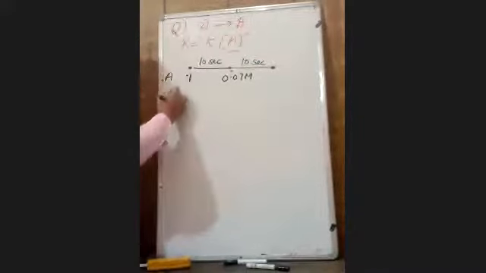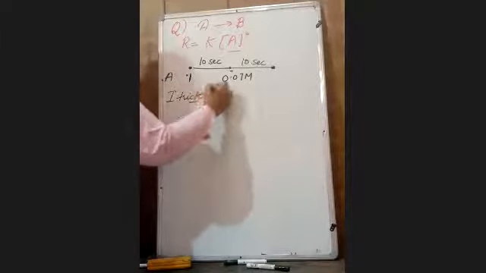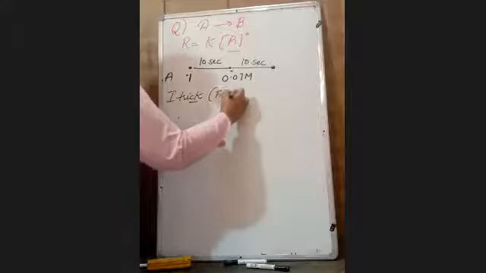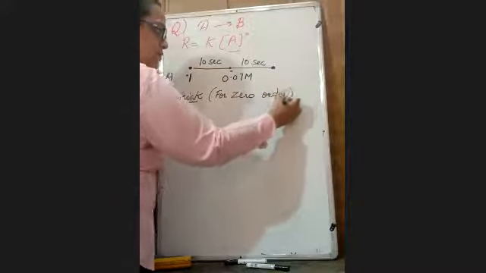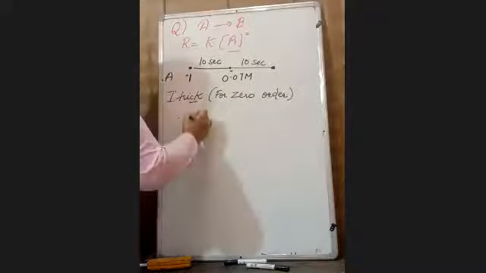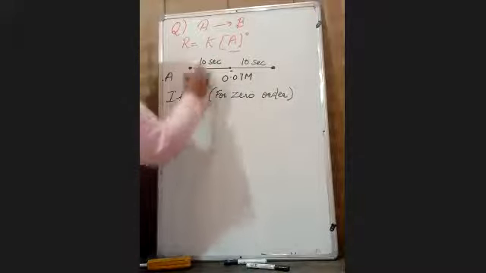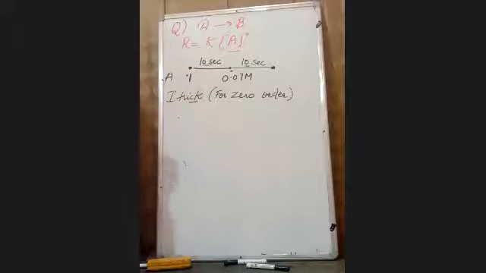Use that concept, first trick. It is for zero order only. First trick is that if time is same, the amount dissociated per liter of substance is also same.